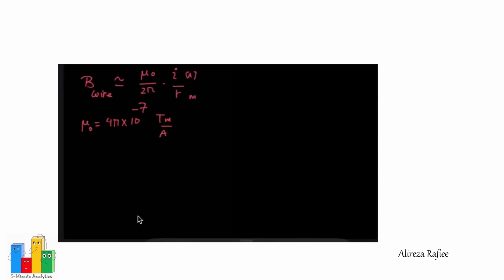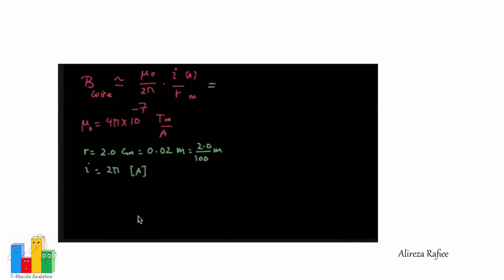You want to know when r is equal to 2 centimeters, which is 0.02 meters, or if you like, you can write it as 2 divided by 100 meters. And when current is 2 pi ampere, we want to know how much is the magnetic field.